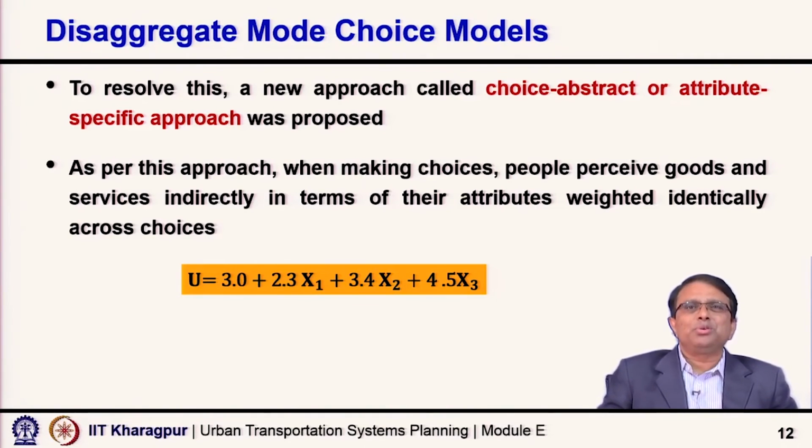Still the utility would be different, because the values of x1, x2, x3, x4 are going to be different in different alternatives. The travel time, travel cost, waiting time, walking distance are not going to be the same for bus and metro. So, obviously my utility values will also be different.